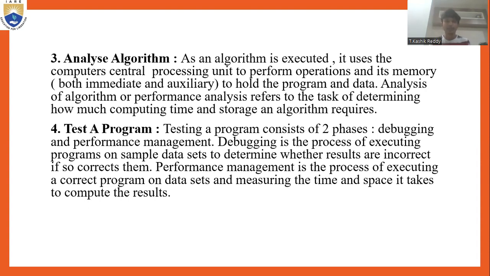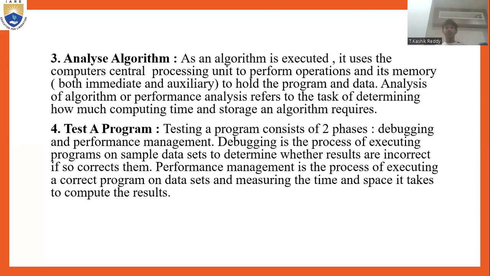Next, testing a program. Testing a program consists of two phases, that is debugging and performance management. So first, what is debugging? Debugging is a process of executing programs on sample data to determine whether results are incorrect. If so, it corrects them.